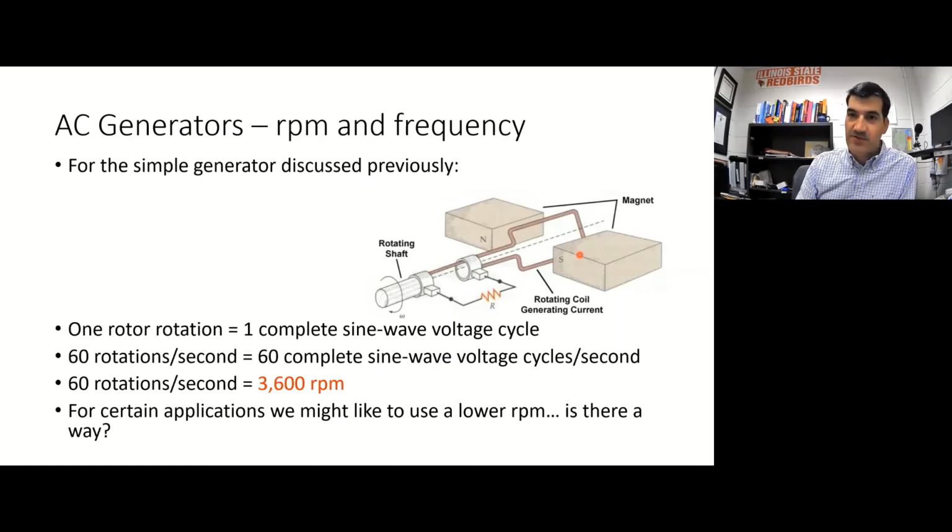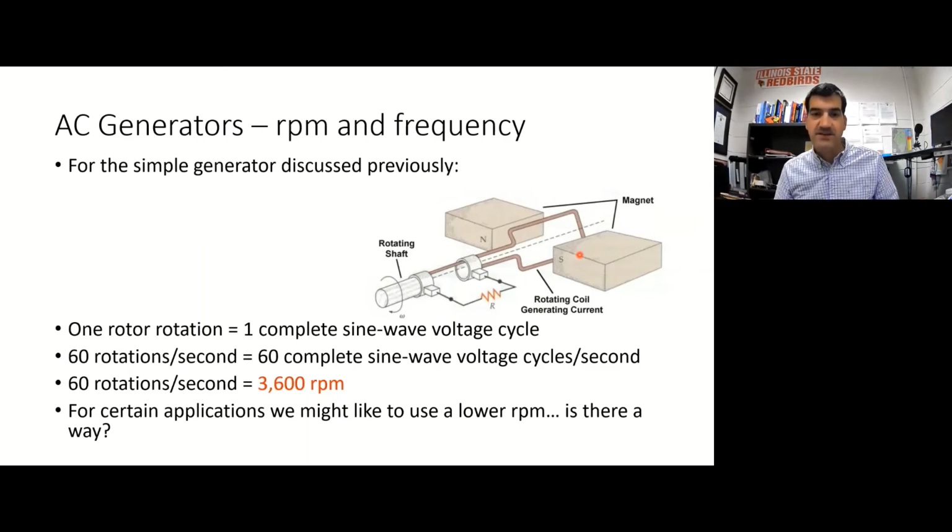And normally we convert that to revolutions per minute. So take it times 60 seconds per minute, and you get 3,600 RPM. All right, so that's great. And like I said, that's definitely applicable if you are driving your generator by, say, a steam turbine or something like that. No problem.